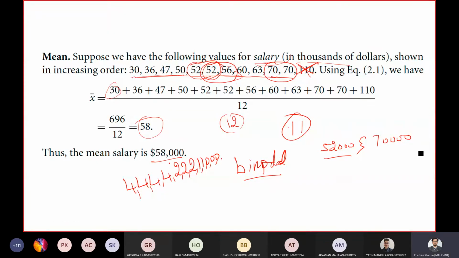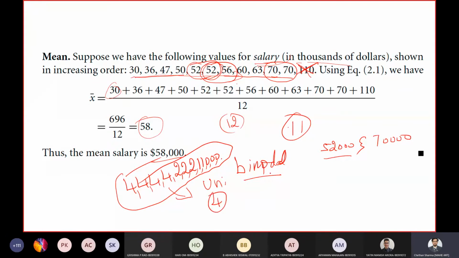The mode is 4, because 4 is the number which has been repeated more times than all the others put together. What I mean is 2 is repeated, but only 3 times. The highest number of times a number is repeated is 4. So it is unimodal, and the mode of this particular data set is 4.